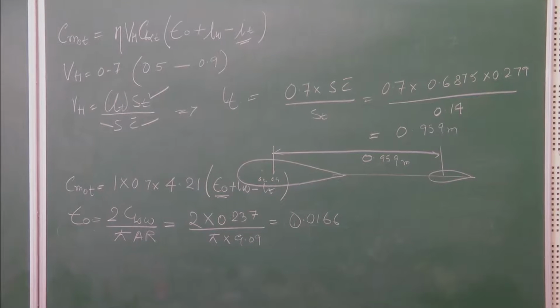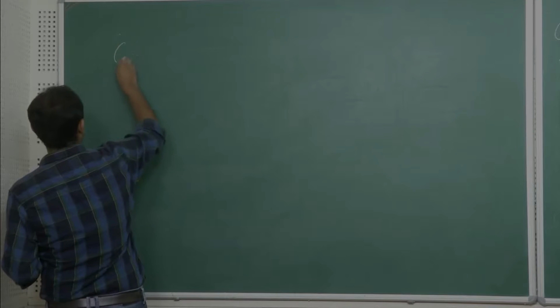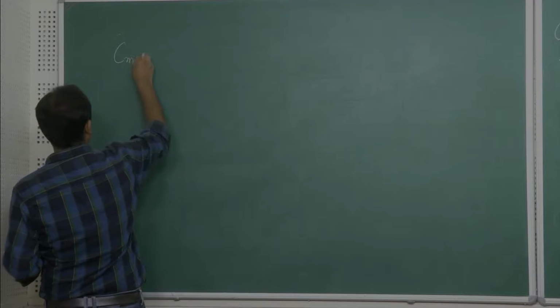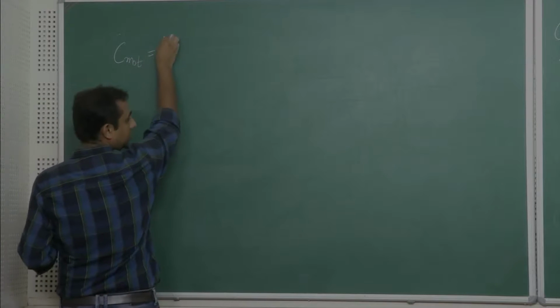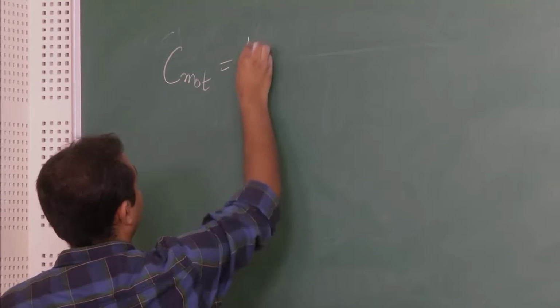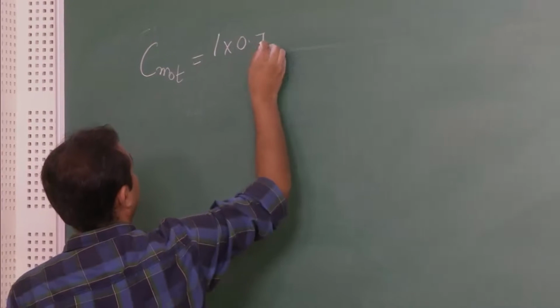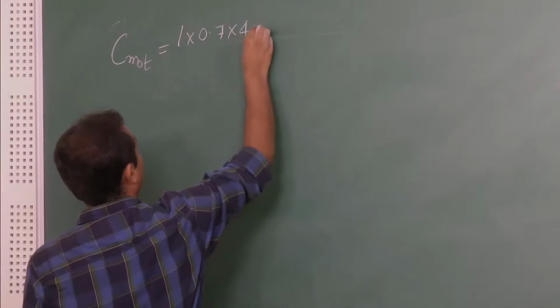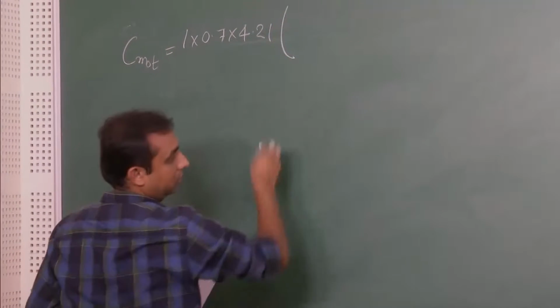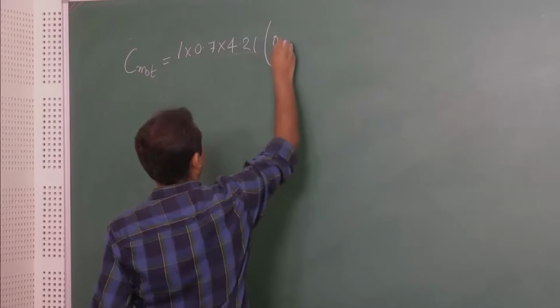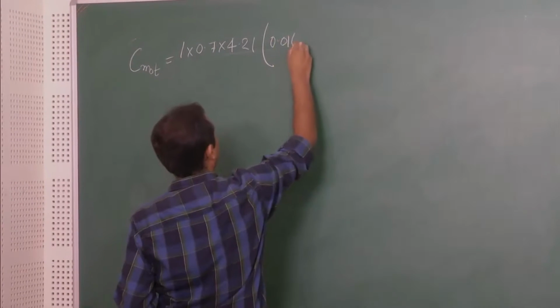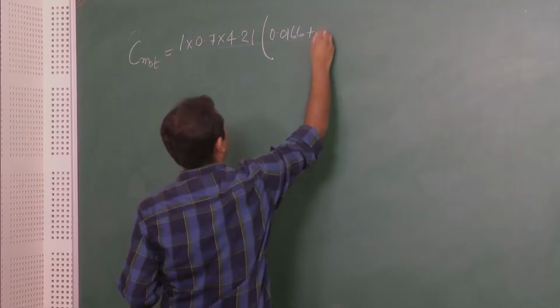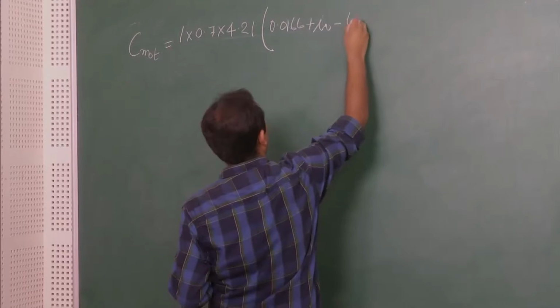Now substituting all these values in the equation, Cm naught of tail equals 1 into 0.7 into 4.21 into 0.0166 plus IW minus IT.